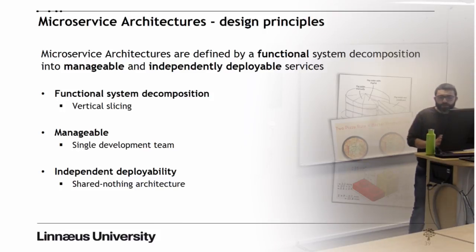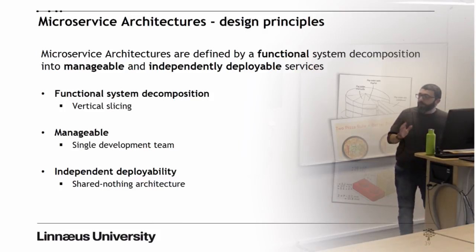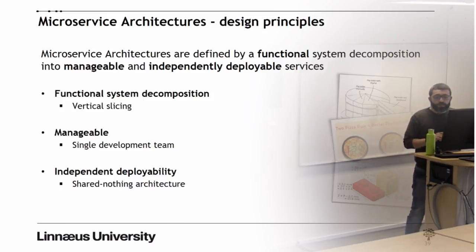Every single service should be fully functionally complete. This relies on the functional system vertical slicing. They must be small, manageable by a small team, and completely independent.